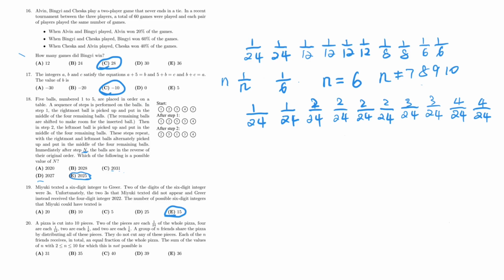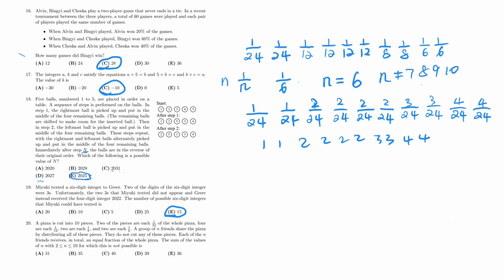Now because the denominator is 24, we just add the numerators. So the numerators are 1, 1, 2, 2, 2, 2, 3, 3, 4, 4.